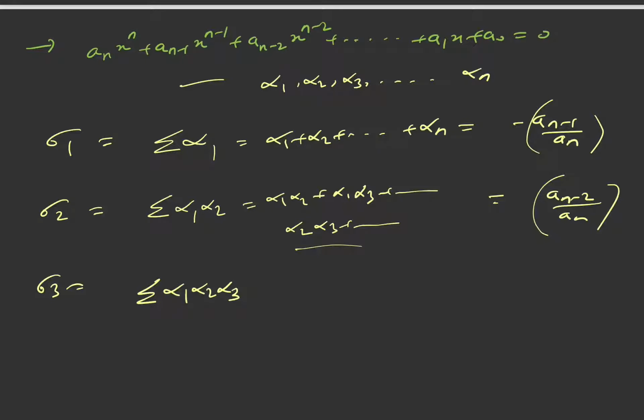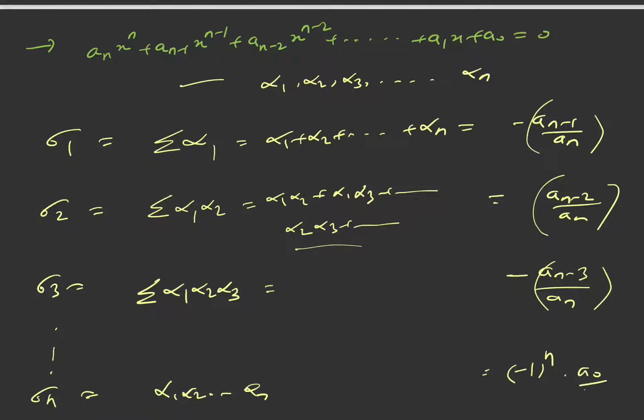So this is sigma alpha 1, alpha 2, alpha 3. So this will be equal to minus an minus 3 by an, and so on. And at the end sigma n, that will be nothing but product of the roots. So that will be minus 1 whole power n into a naught by an. Right? It will depend on the value of n whether the sign is minus or plus.